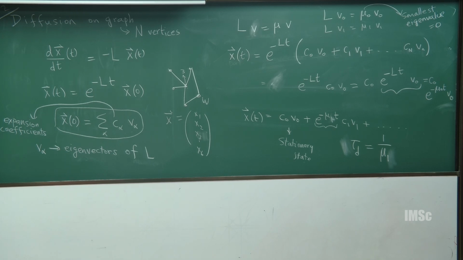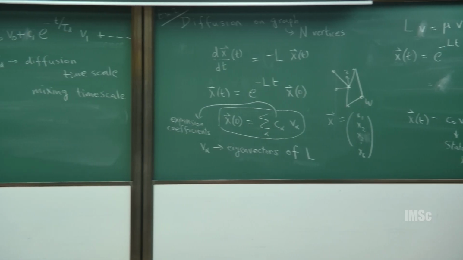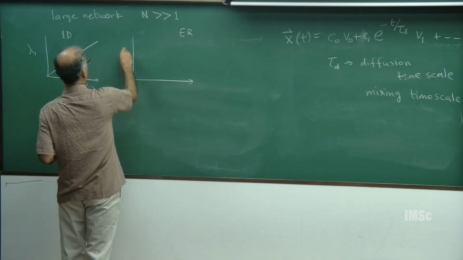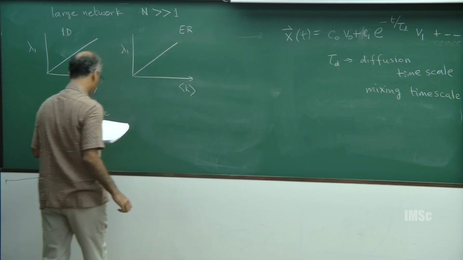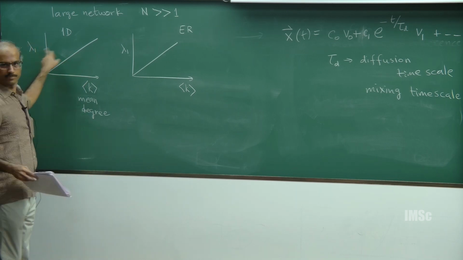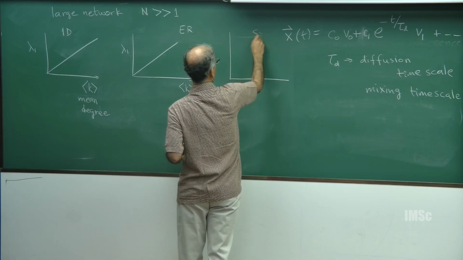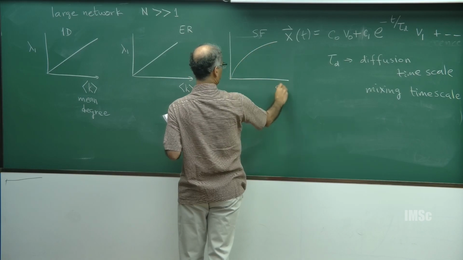For a one dimensional lattice, it simply increases linearly, and even for an Erdos-Renyi network, a random network, lambda 1 as a function of mean k increases linearly. This is the largest eigenvalue of the adjacency matrix, and for a scale free network, it generally has a square root behavior like this.